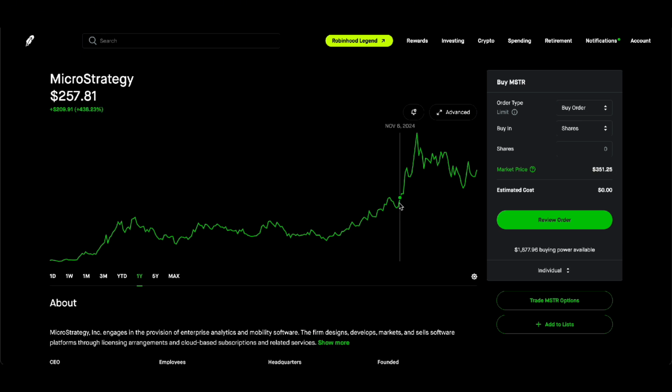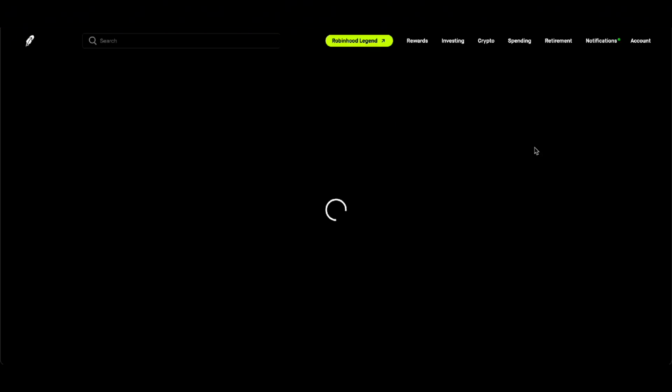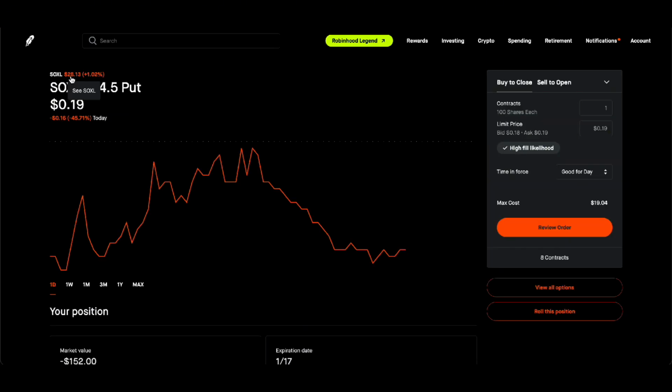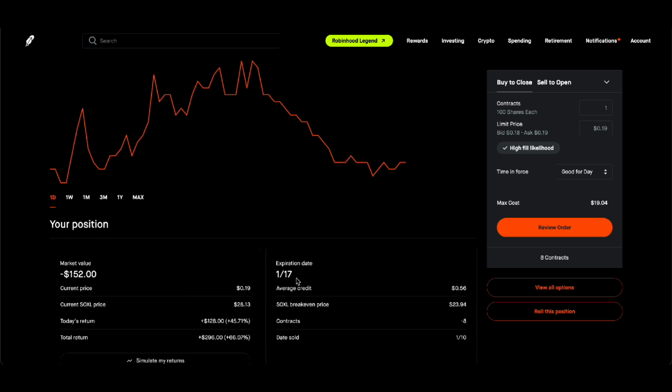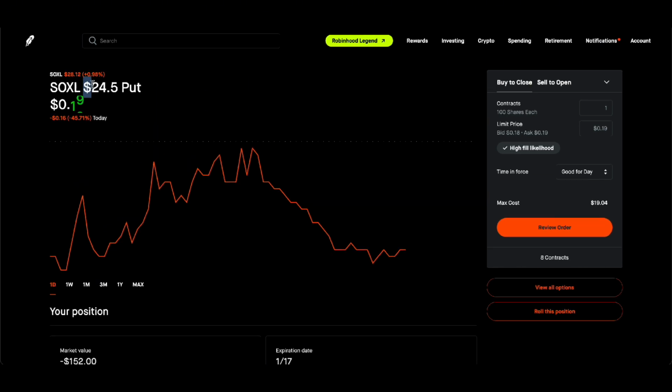But the strategy that I show you, selling cash secured puts on high IV stocks that you are bullish on and think will do really good in the long term, is the best strategy to secure your money. That is what I preach, teach and execute, as I showed you with my SOXL options. The current price is $28, and I have sold options with an expiration coming in the next 3 days, set to expire at $24.50.